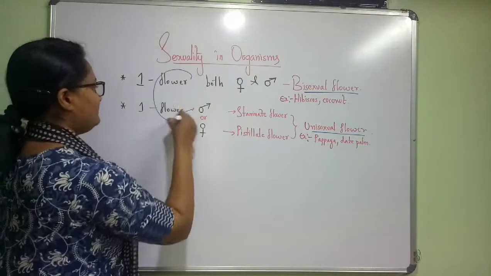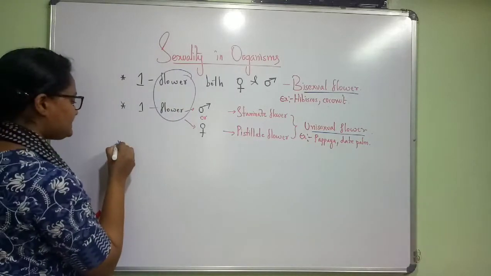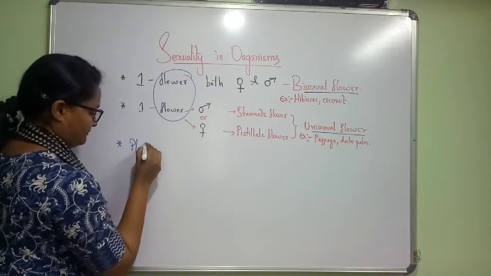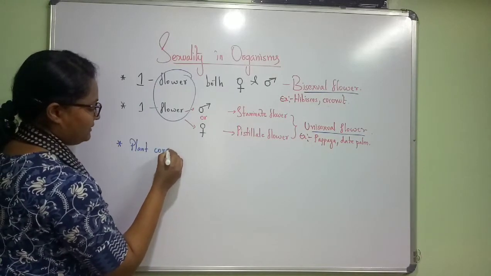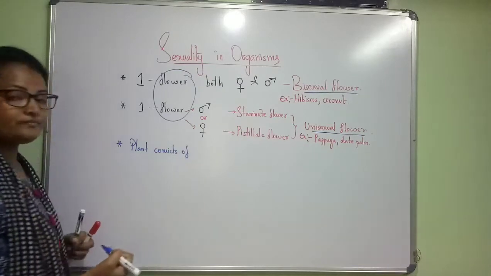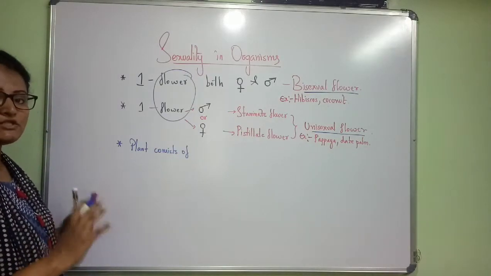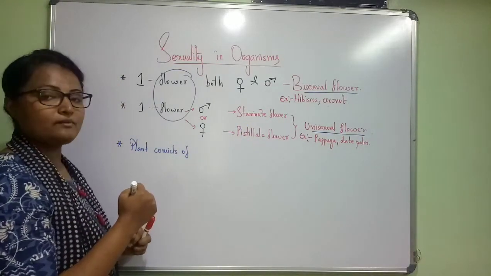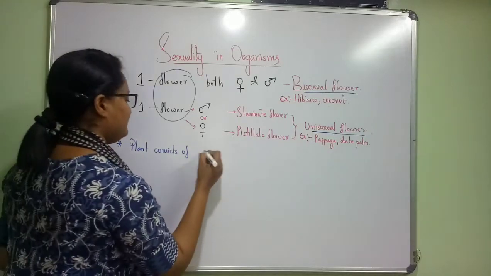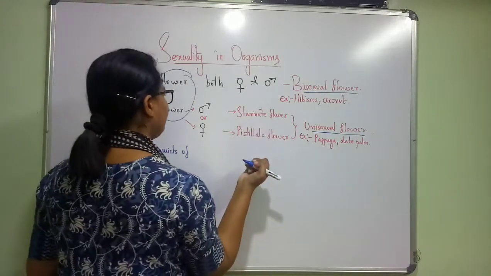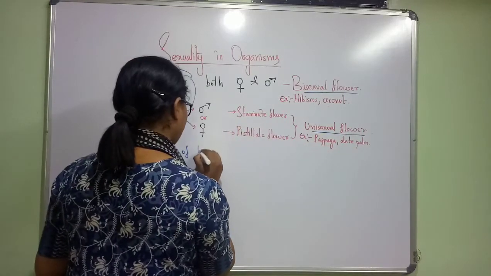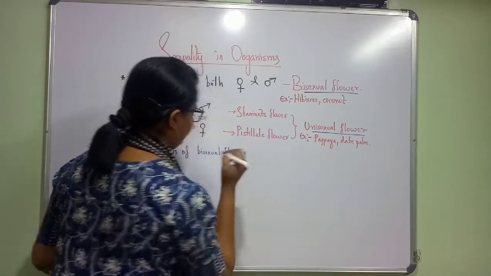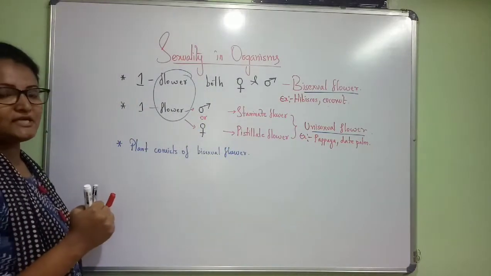This is a flower. Okay, now next condition is plant. The plant consists of both staminate and pistillate flowers, like the plant consists of bisexual flowers.